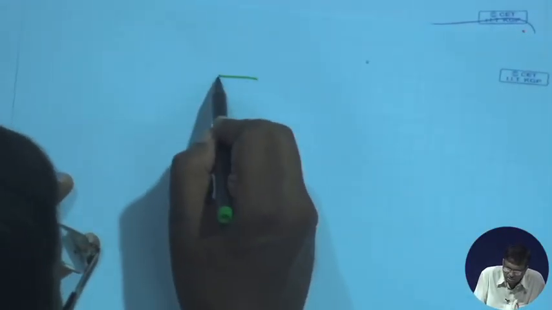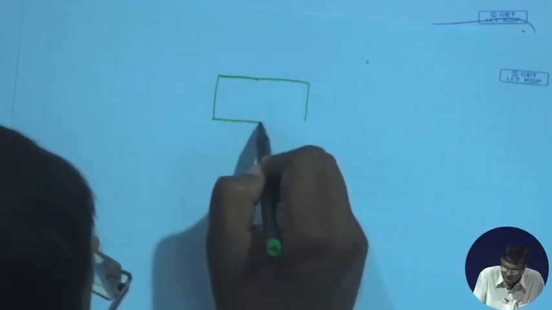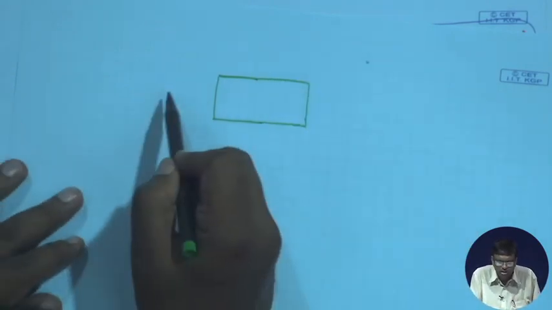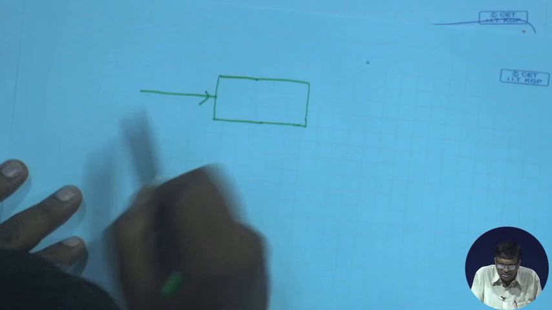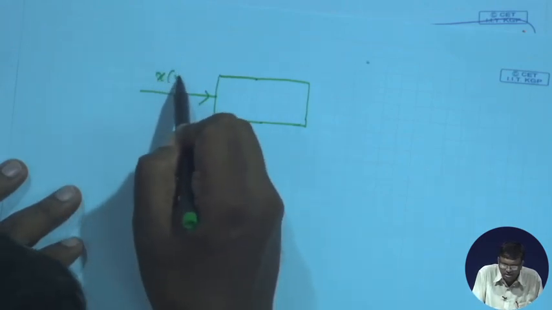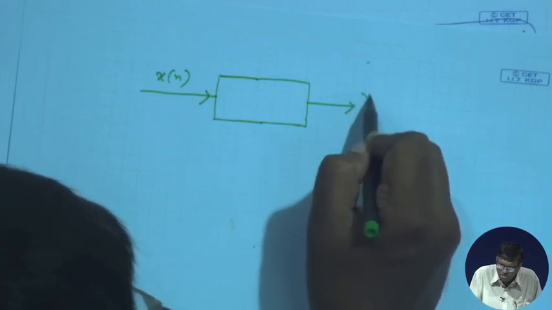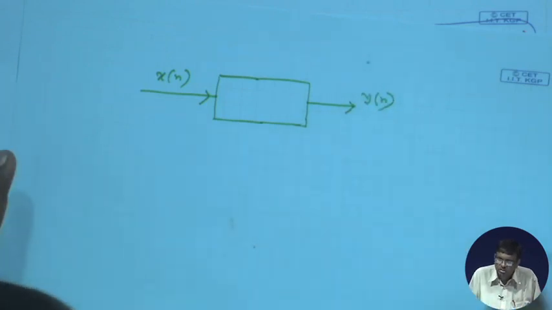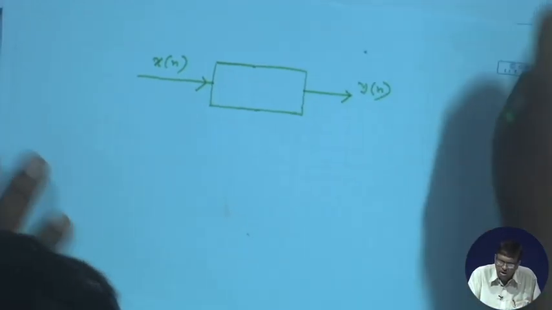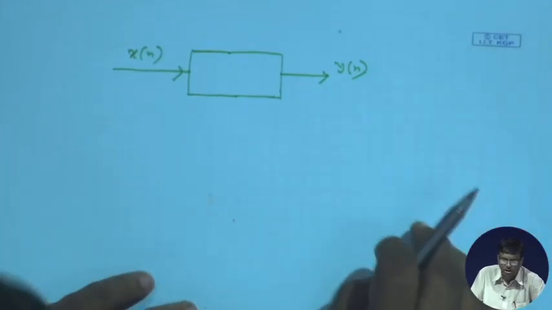Now, we will be considering processing of sequences. That is, there is one system, what is inside I do not know, I do not care, but it takes one sequence, maybe x n, as input, does something on it, and gives you an output y n.